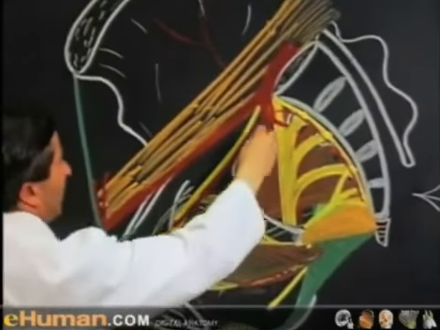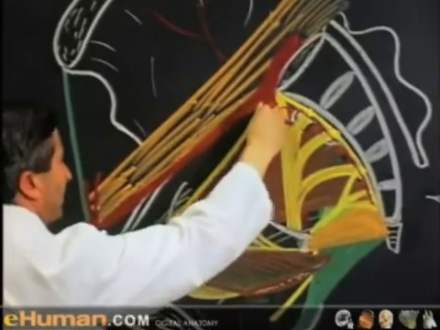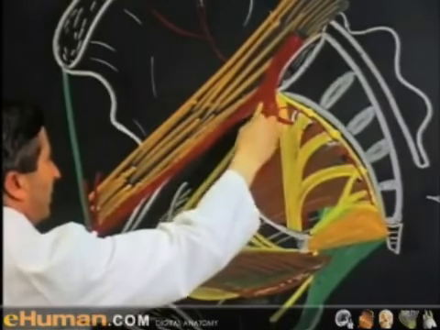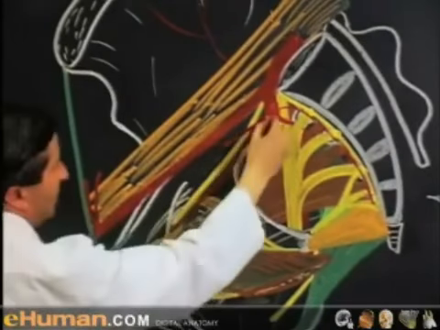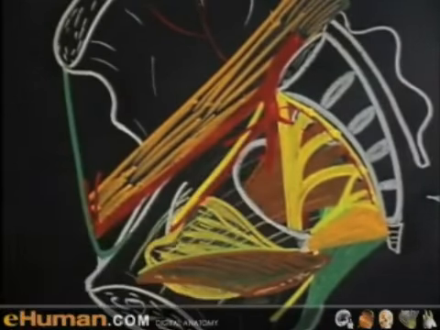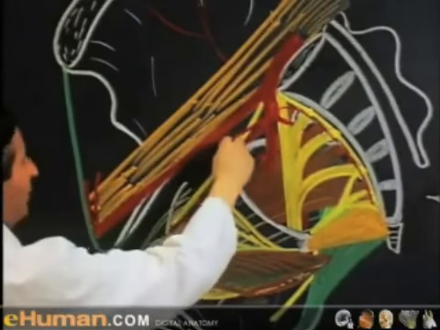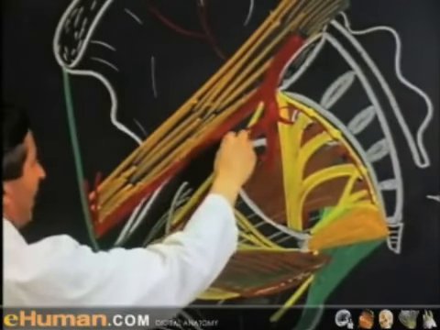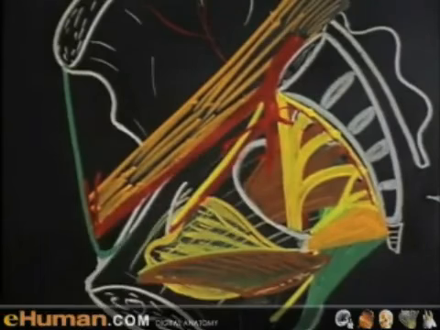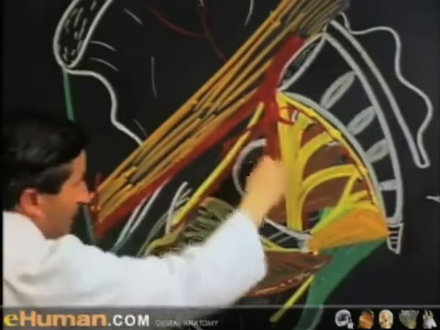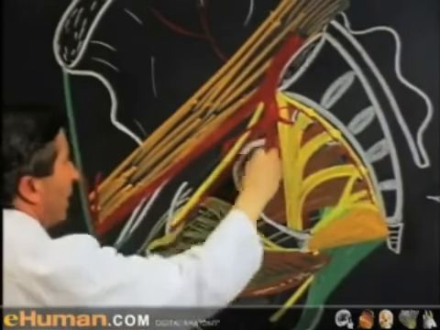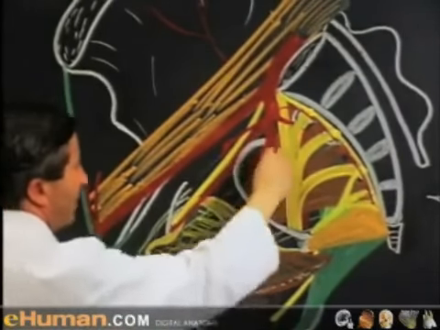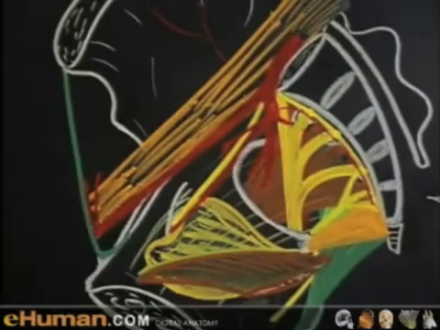Another branch will be the obliterated umbilical artery, which has a part of its course just here which is still patent and gives off a superior vesical branch and supplies the upper surface of the bladder. Now from the rest of this anterior division we shall get branches like the uterine artery and the middle rectal artery, but we'll come to that in a moment.